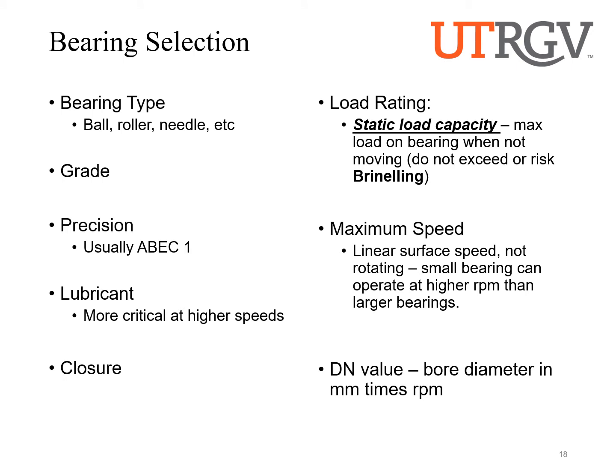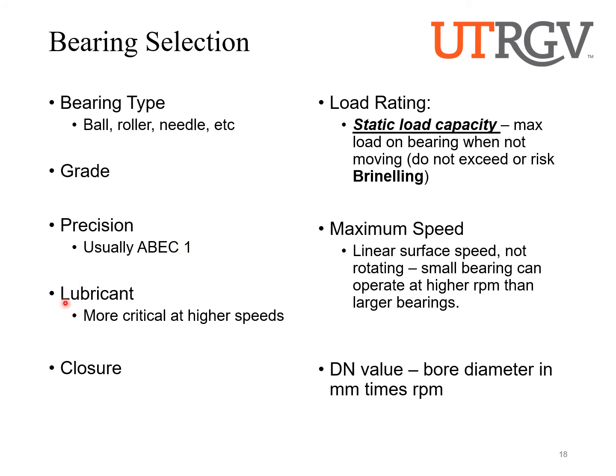So now let's start talking about how we're going to select the bearing. And when you do, you're going to have to make some decisions as to the bearing type. If you want a ball, roller, an angular contact, the grade, the precision, which is related to the tolerances of the bearing, right? The higher the precision, the more expensive the bearing, but it's going to have less vibration, it's going to be less noisy, for example.